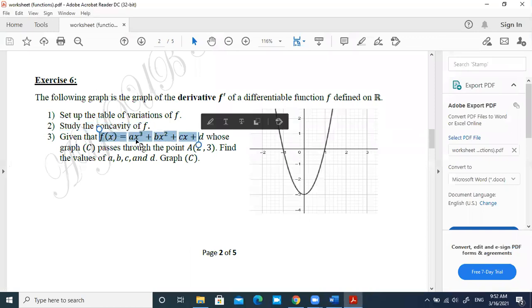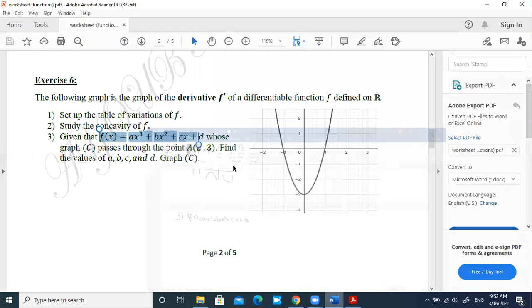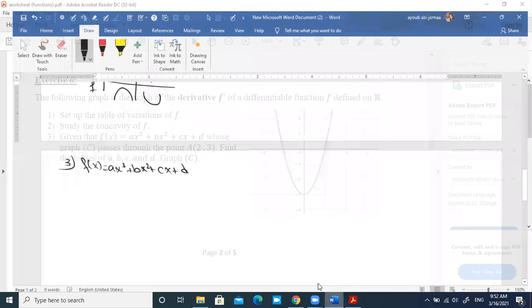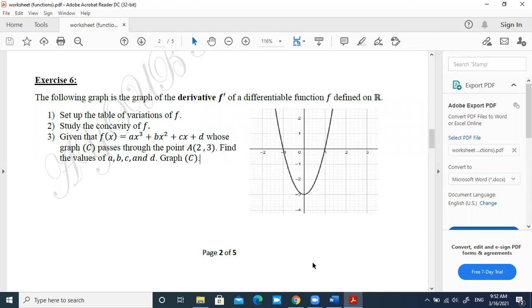They said, given that f of x is ax cubed plus bx squared plus cx plus d, and the graph passes through the point A of coordinates 2, 3, which belongs to the curve of the function. The question: find the values of A, B, C, and D.